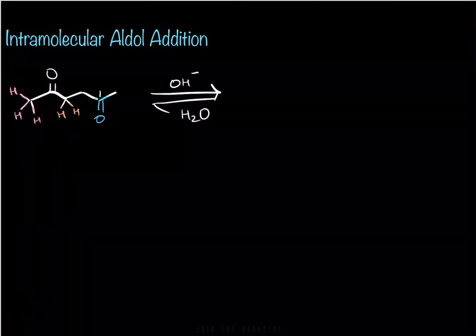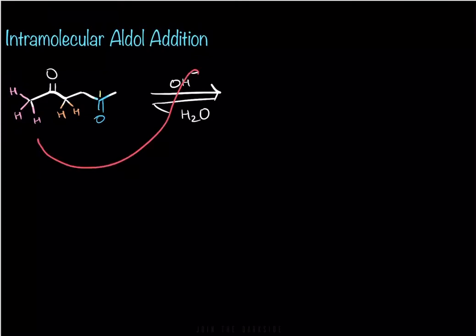Okay, so the OH minus is going to abstract this hydrogen, and that's going to form an enolate. Here is the structure of the enolate. Now this enolate, which is acting as a nucleophile, can attack this carbon, pushing these electrons onto oxygen, forming the tetrahedral intermediate.